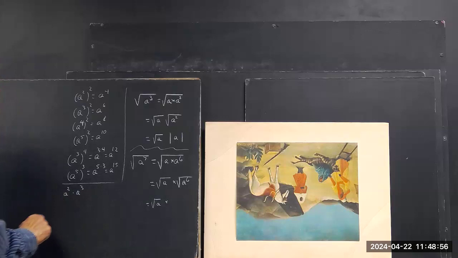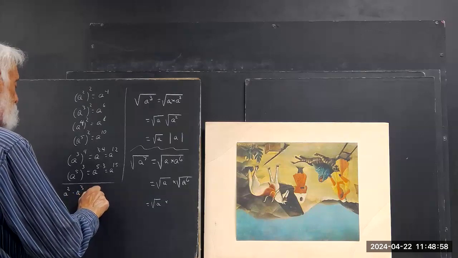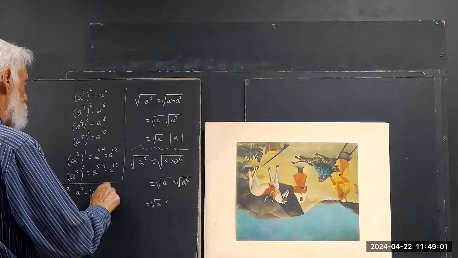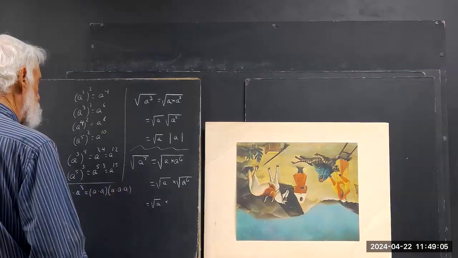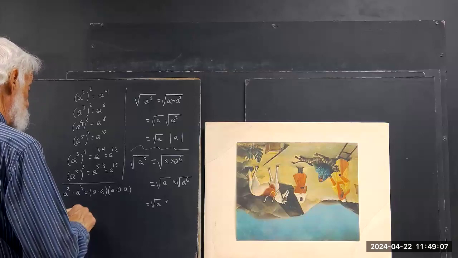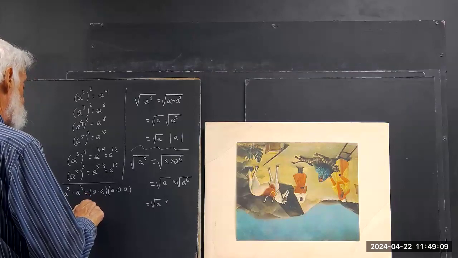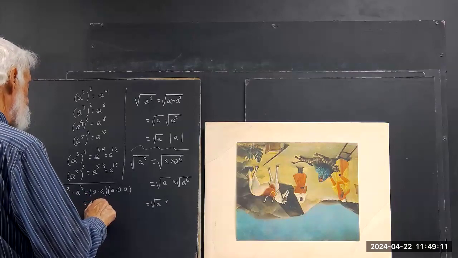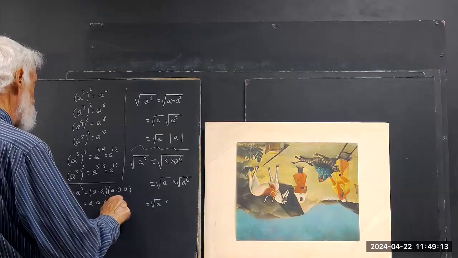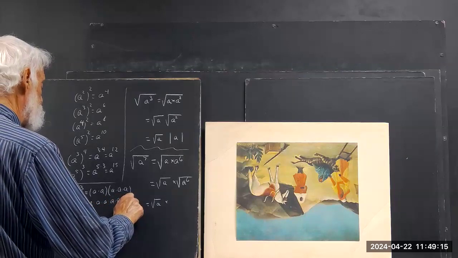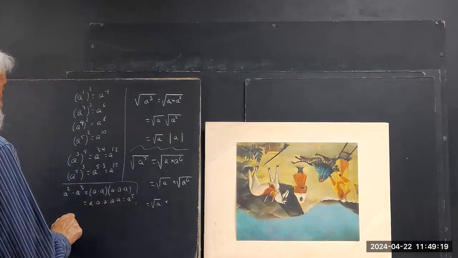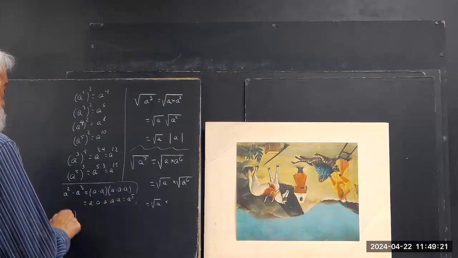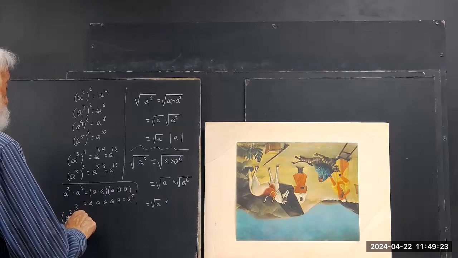A squared times a cubed means a times a multiplied by a times a times a, which equals a times a times a times a times a, which is a to the fifth.